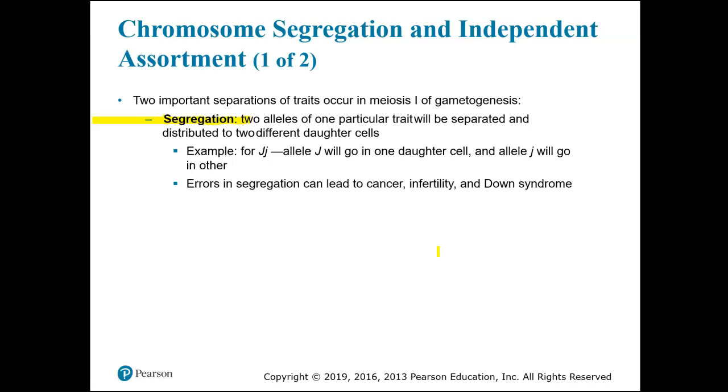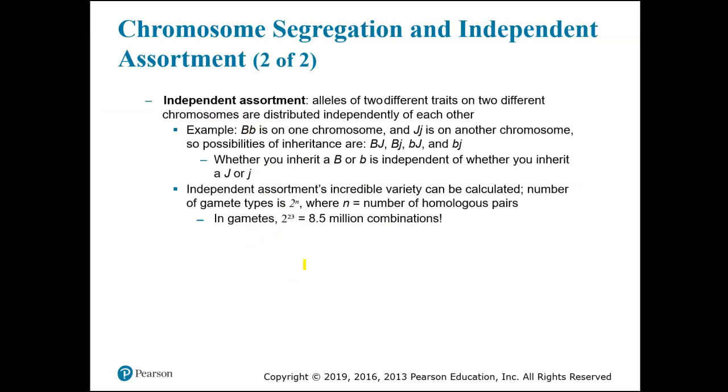When the person's sex cells are forming sperm or eggs, when you're forming gametes, those alleles will separate. So let's say that you have big J and little j. Your gametes will either have big J or little j. They're going to have one of the two alleles, and those alleles separate in the process of gamete formation.